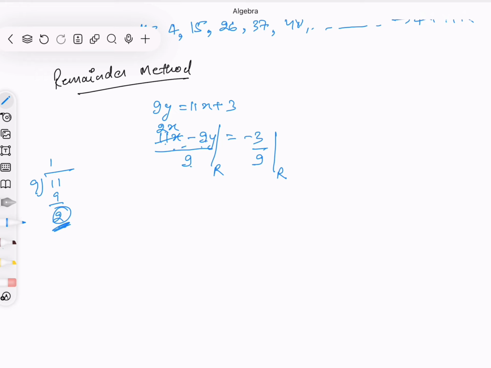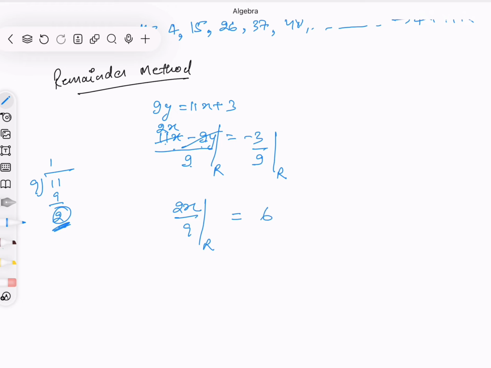So I would just get rid of this completely. On the left hand side, I would only have 2x upon 9 to find the remainder. On the right hand side, if you divide minus 3 by 9, the remainder will be 6.